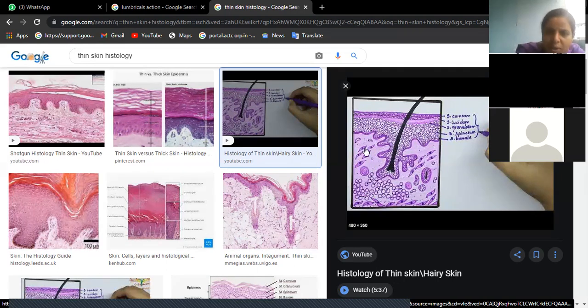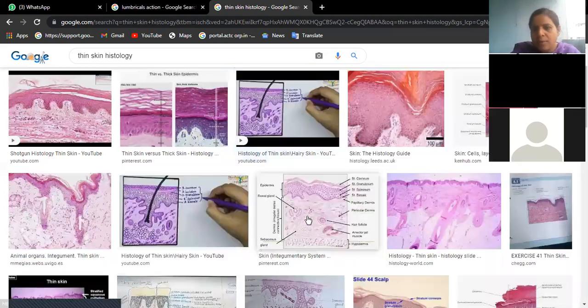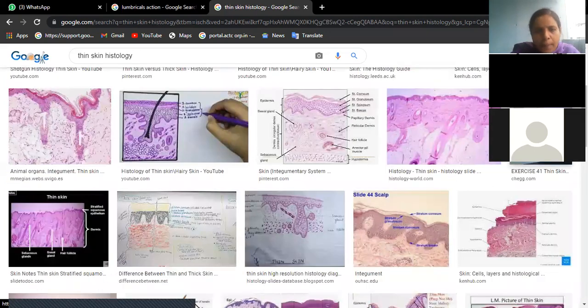So this picture shows you thin skin. Where do we find thin skin? Except for palm and sole, all the rest of the parts of our body, wherever we have skin, that is all thin skin only.